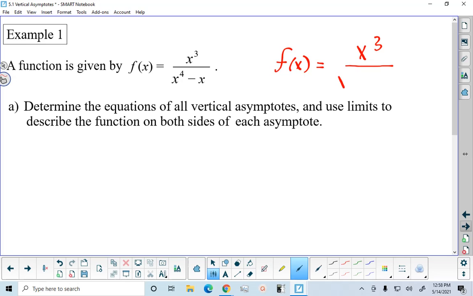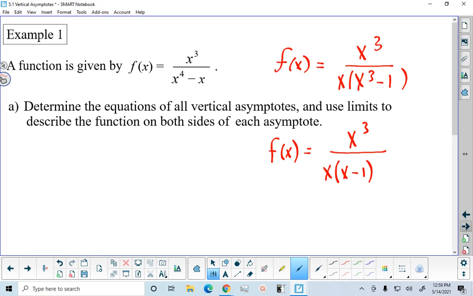And I can factor out an x and have x cubed minus 1. I can factor that further into f of x equals x cubed over x times x minus 1 times x squared plus x plus 1.